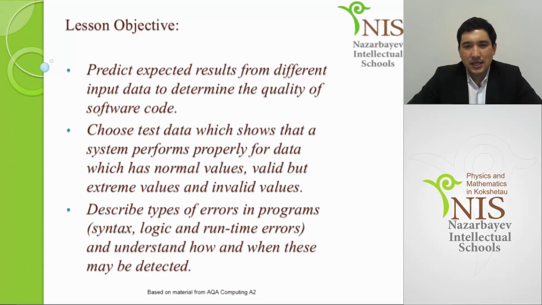And third is to describe types of errors in programs, which can be syntax, logic and runtime errors, and understand how and when these may be detected. All these materials are based on material from AQA Computing A2.